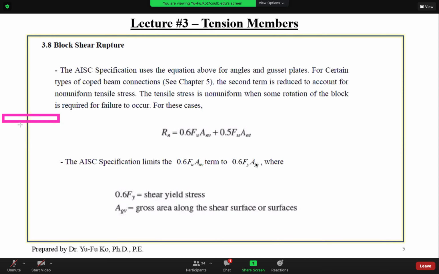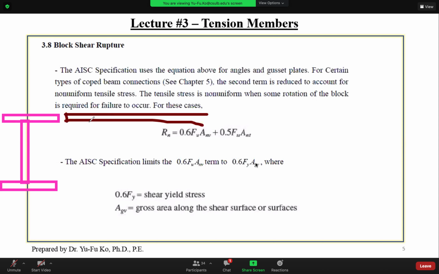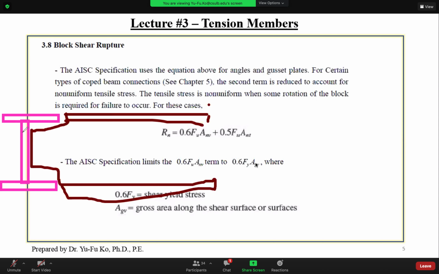That will be in chapter 5 for the beam connections. I don't know if you guys have seen this before in the field. If you have two W-shape beams connected, you usually see this kind of coped beam connection. This part has been coped in order to make the connection, so block shear might happen in here.